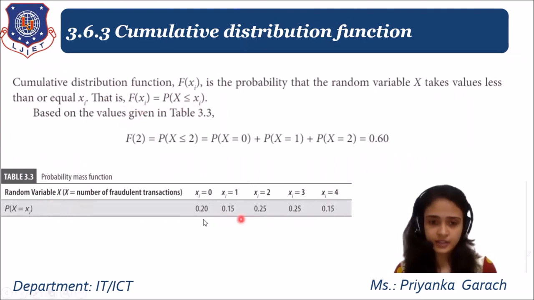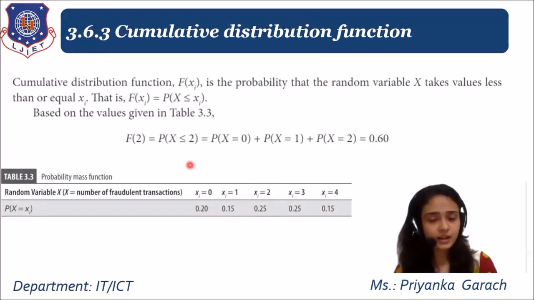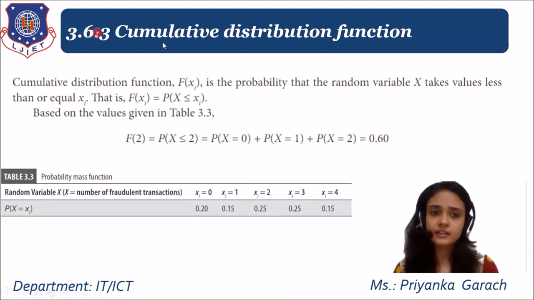So for this given table, if you want to find the probability that less than or equal to 2 fraudulent transactions will occur on a given day, then for that the cumulative distribution function is useful. So I want to find F of 2.